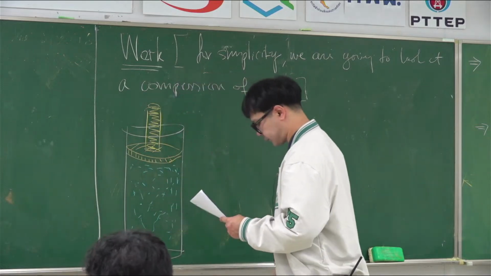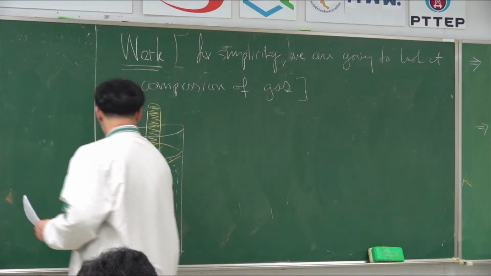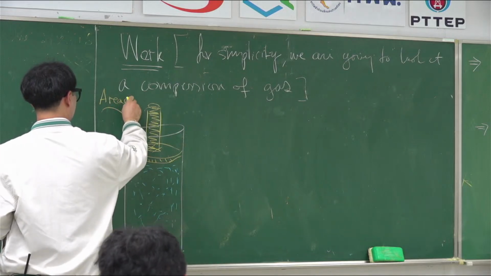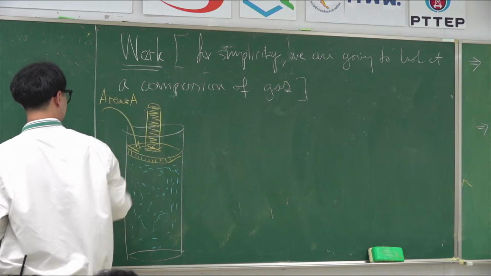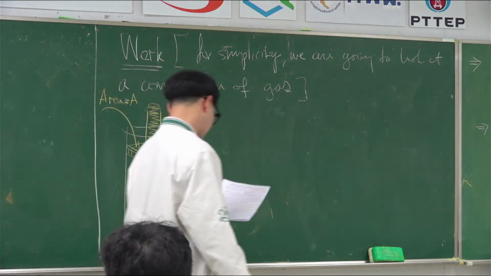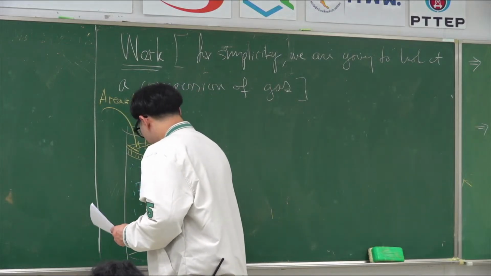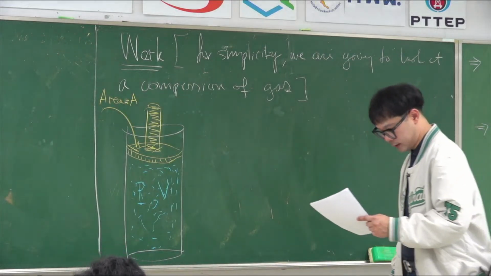The piston has the area A. And at this state, the pressure is P and you have the volume V, right?